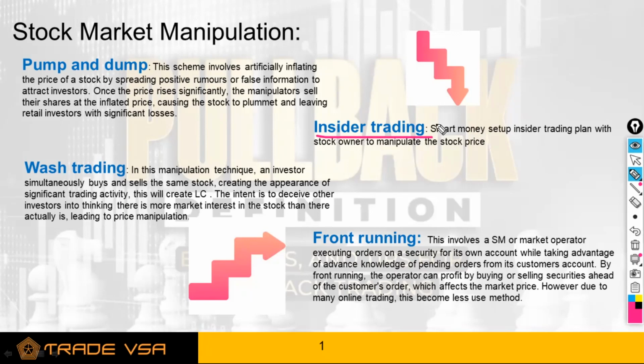A lot of the time when you see the market with accumulation, and then it starts moving up, smart money operators have already talked with the owner of the stock, who will loan out some stock for them to do the manipulation. But this type of setup sometimes needs a lot of time and a lot of agreement with the owner.